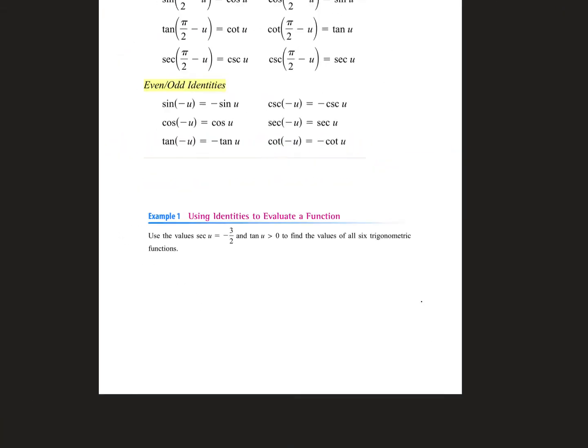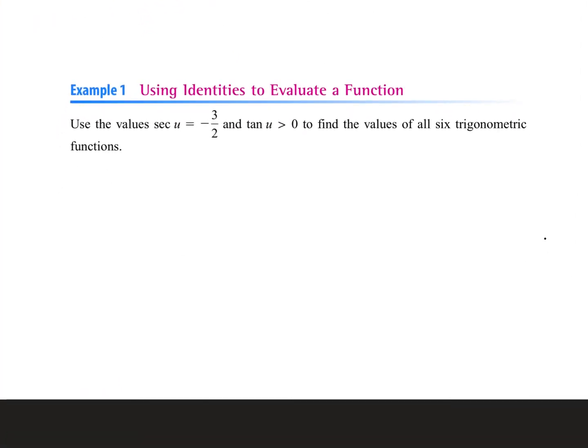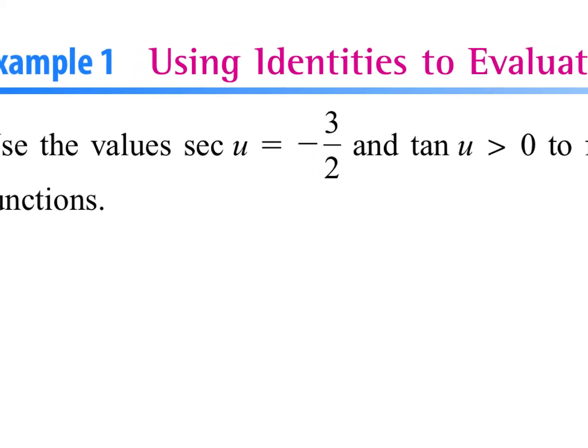Now, we'll talk about these other identities later, but this is something that you learned before Thanksgiving. I did this with you. We're just going to review this to make sure that we remember. If you're given a trig value and you have to find all of the other trig functions, okay, let's think about this for a second. Secant goes with what trig function? Cosine, right? So cosine is what letter over what letter?